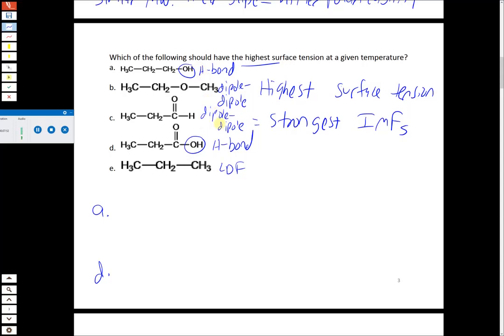In choice A, you just have one OH bond and no other oxygen atoms. So when you have hydrogen bonding, this is taking it a little bit beyond what we covered in class. You have, again, OH bonds here. And the hydrogen that's bonded to oxygen is what's referred to as the hydrogen bond donor. This terminology is maybe not terribly important for us, but basically you have a hydrogen bond donor, which is the delta plus.